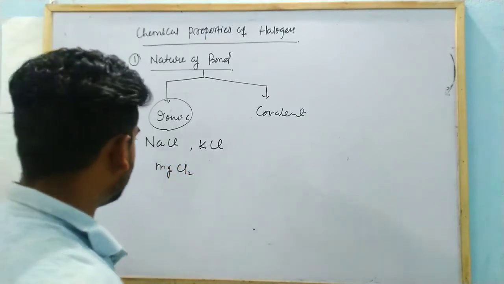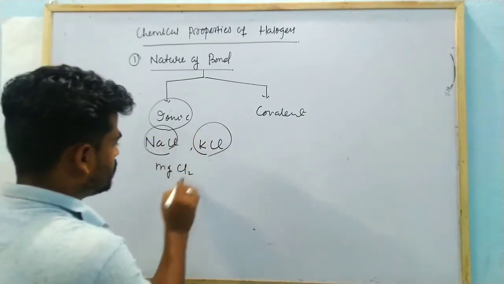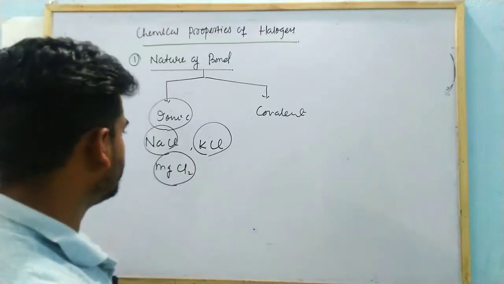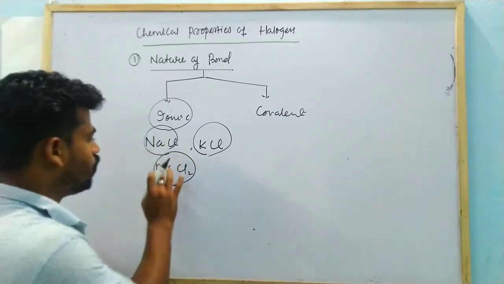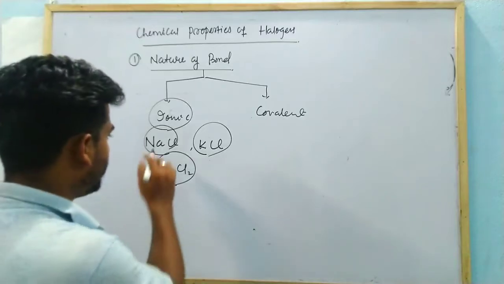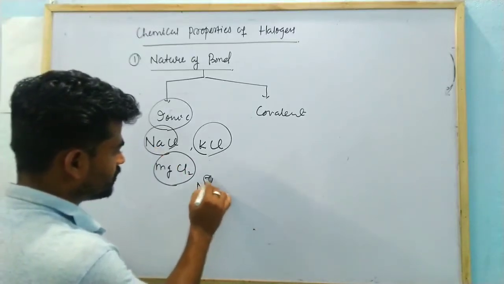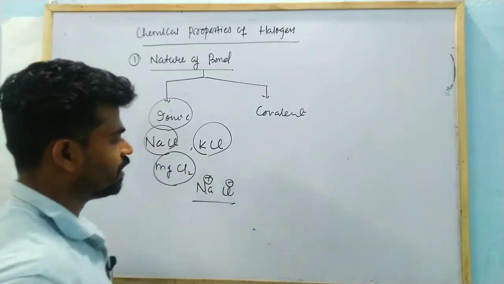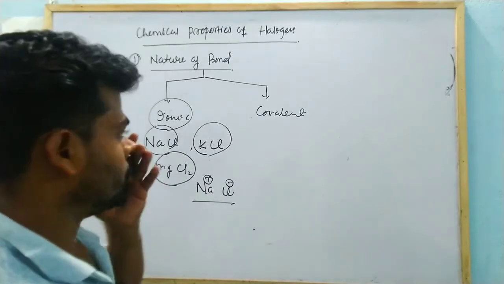These are ionic in nature because the halogen atom is combined with more electropositive metals. So NaCl will be Na plus Cl minus. So these are ionic compounds.